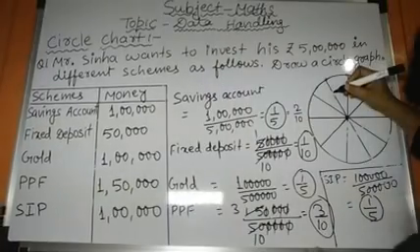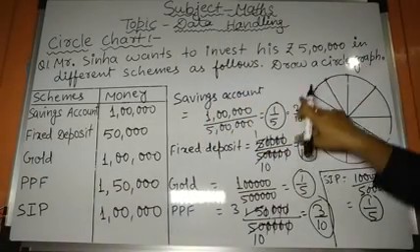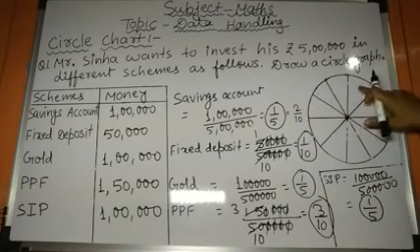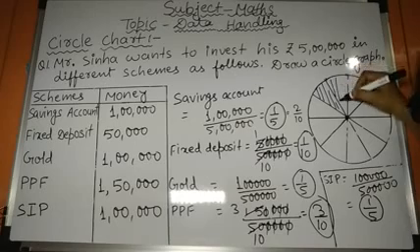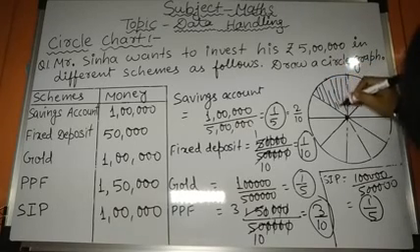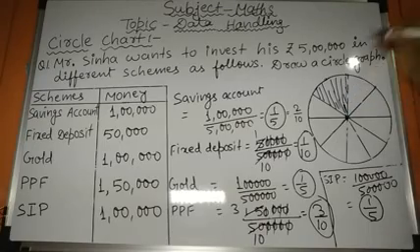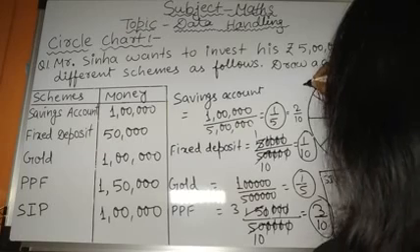Now come. For the savings account, we will take 2 parts. 2 upon 10 means out of 10, 2 parts. So we will take these 2 parts and rub this part. These 2 parts are for the savings account.